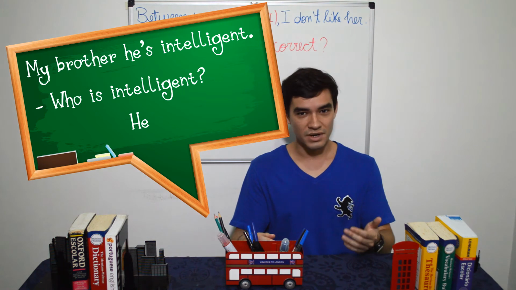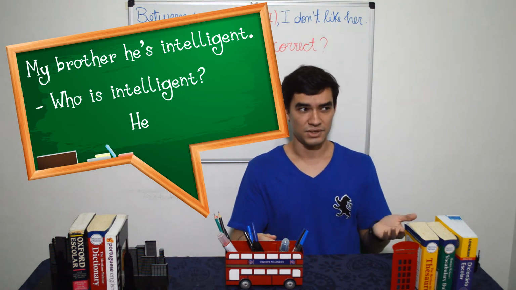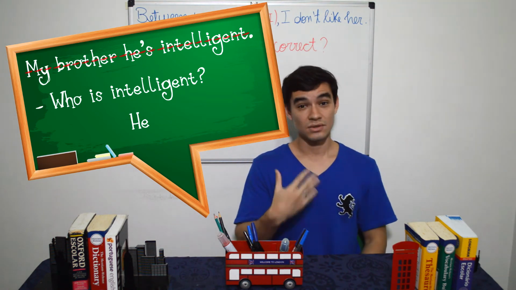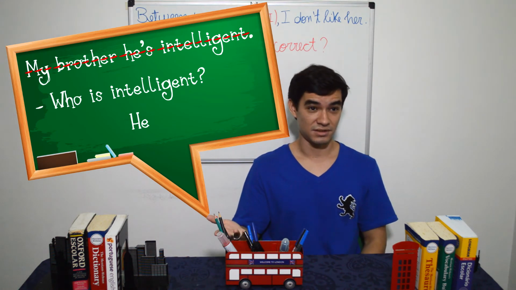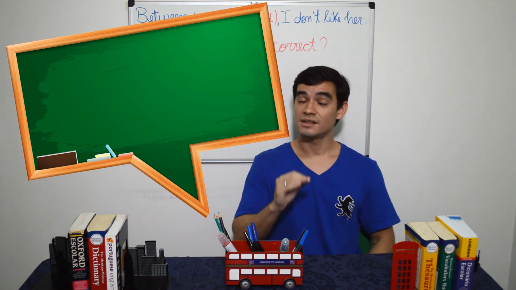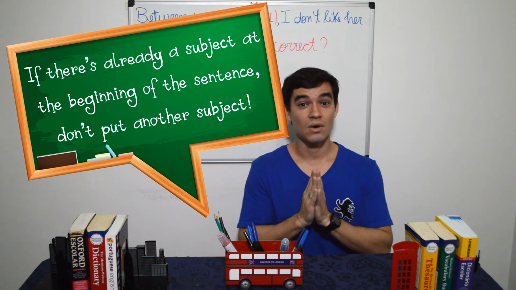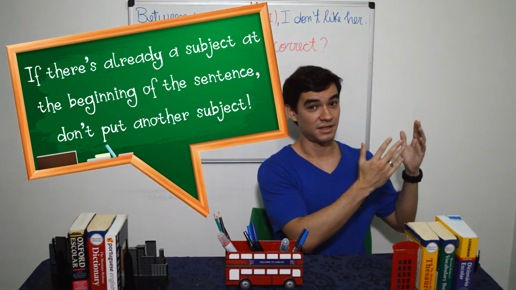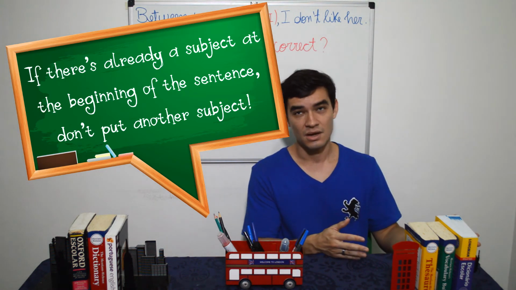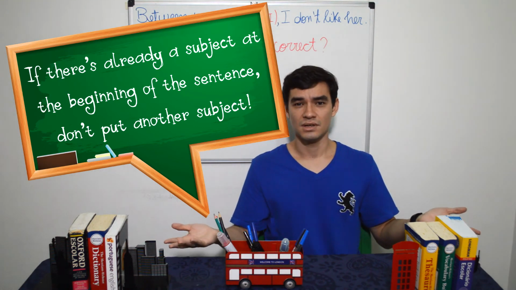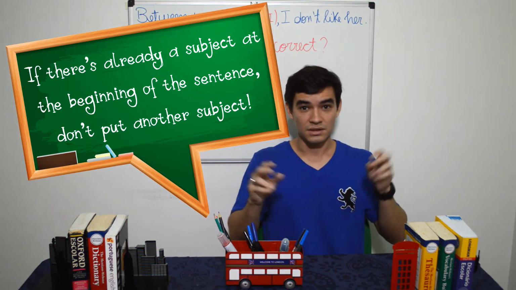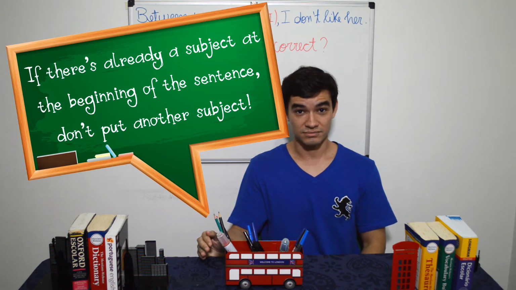If there is already a subject there, which is he, there is no reason to put another subject, like it. So it's simple. If you are already saying the subject of the sentence at the beginning of it, where it's supposed to be anyways, don't put it nor any other pronoun, okay?